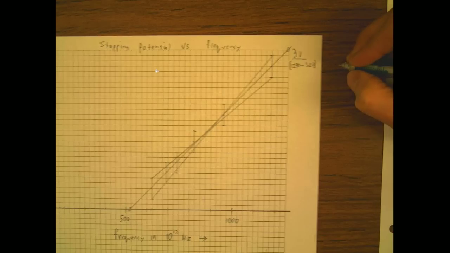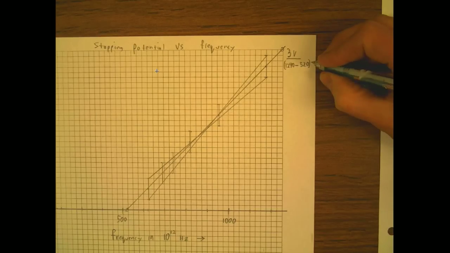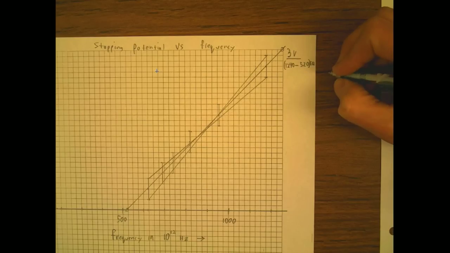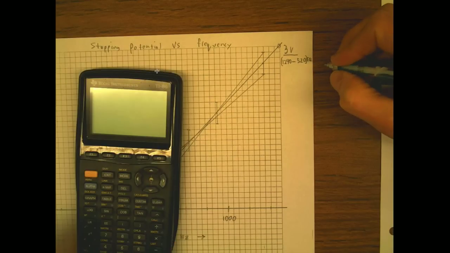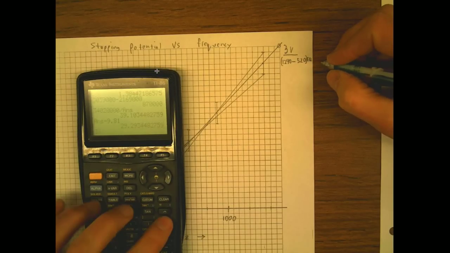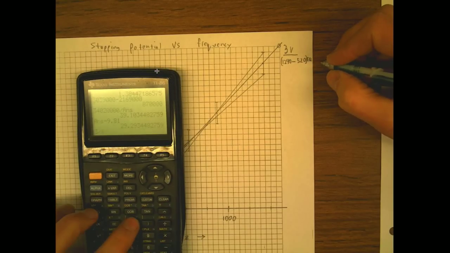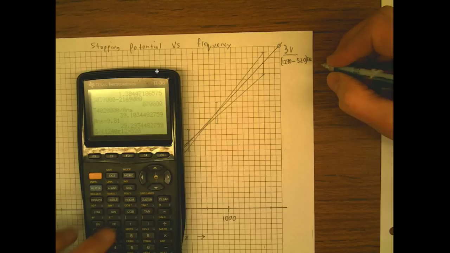Okay. But remember that that's times 10 to the 12th hertz, right? So that slope looks like this. 3 divided by, I'm just going to go 1,240 E12 minus 520 E12.